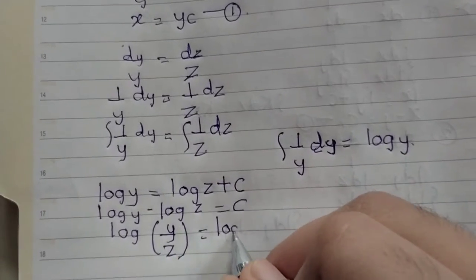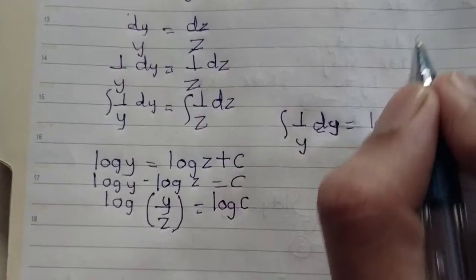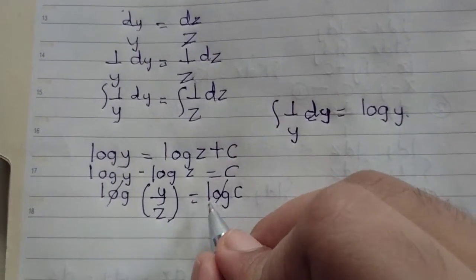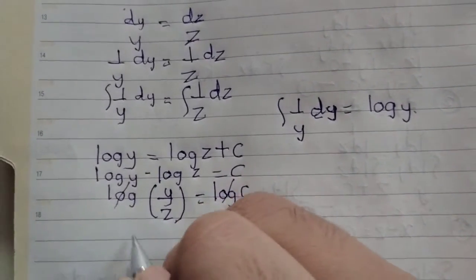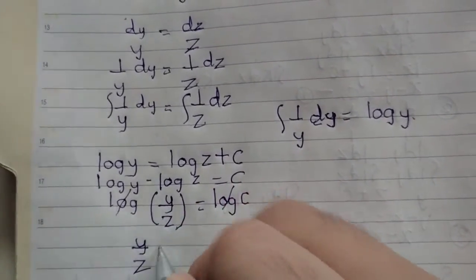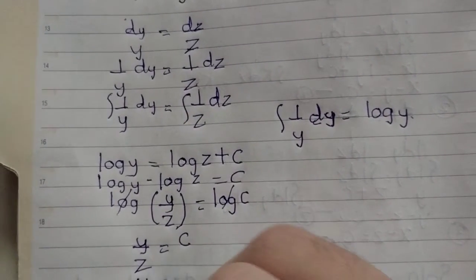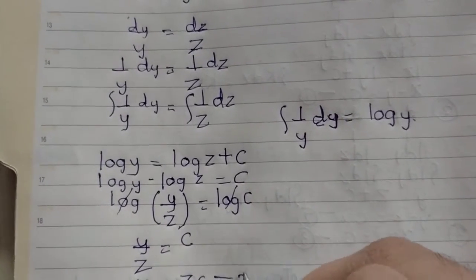It will not matter because the final answer will be a numerical value which we'll call a constant. Cutting both the log terms, log is same on both the sides, so we'll get y upon z is equal to c. Shifting z to the right side of the equation, we'll get y is equal to zc. This is the second answer.